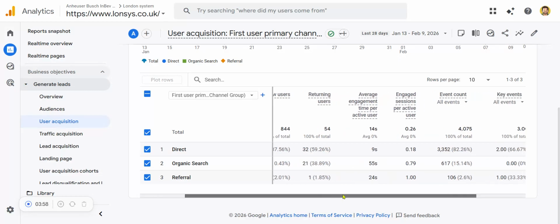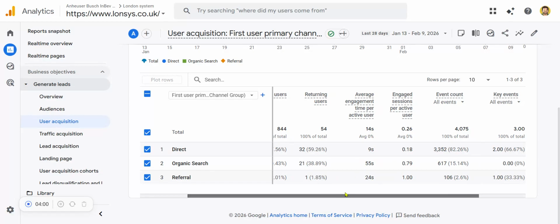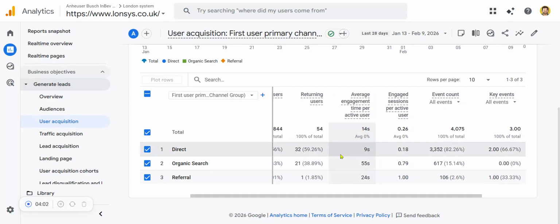So the numbers that we are looking at here is average engagement time per session. So the more time people engage on your website, it shows that they are reading your content and it shows that they are performing actions. Then engaged sessions per active user is how many active users do you have compared to the engaged sessions that are there.